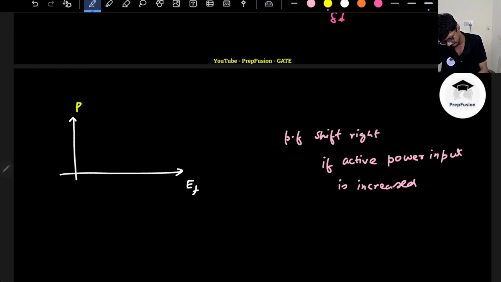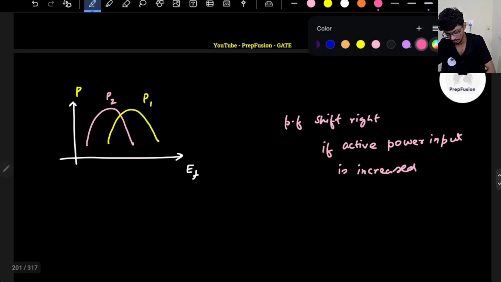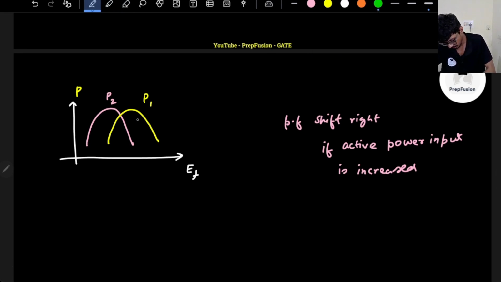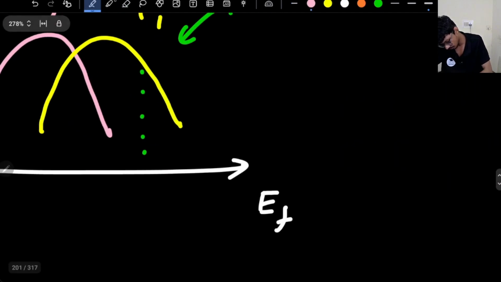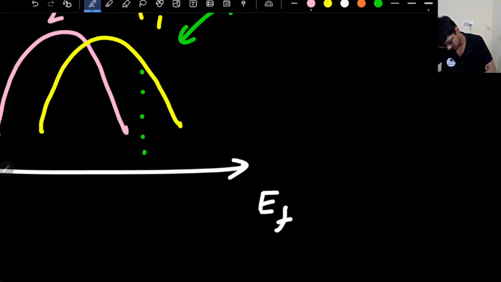This is my P, and this is P2. It was operating leading, so this region is leading, over excitation, and this region is lagging. So it was operating here, so it will still be operating in the leading region only. It will be more leading actually.